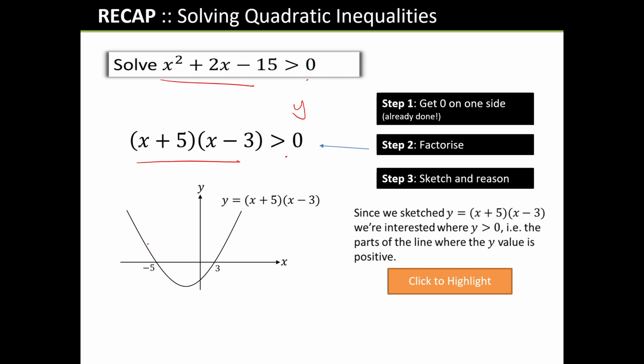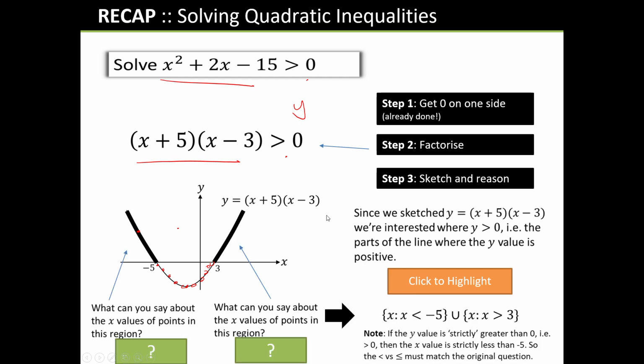Well, it's not here because it's not on the graph, so that's not a valid answer. It's not here because it's above 0. So we must be talking about these points here. So this is what we're actually trying to find. And then it's just convention that the way that we answer that is in terms of x, okay? So we're talking about, I've answered that the wrong way around again, haven't I?